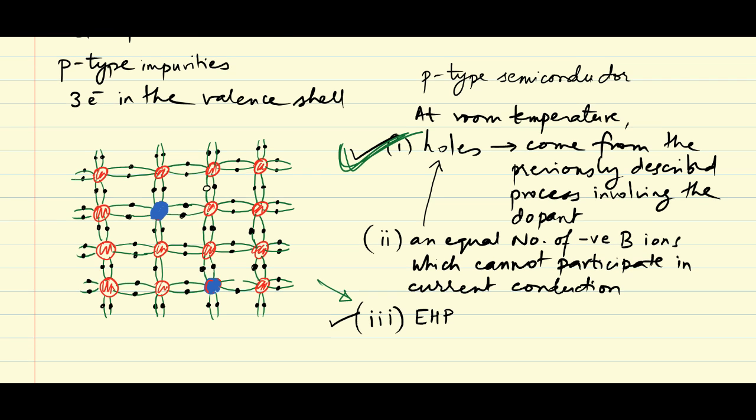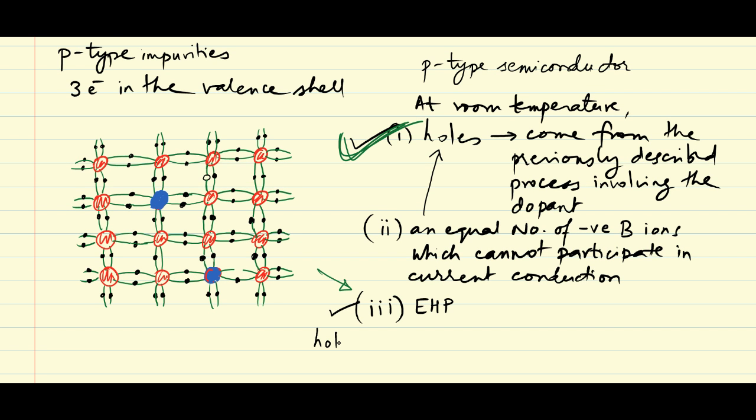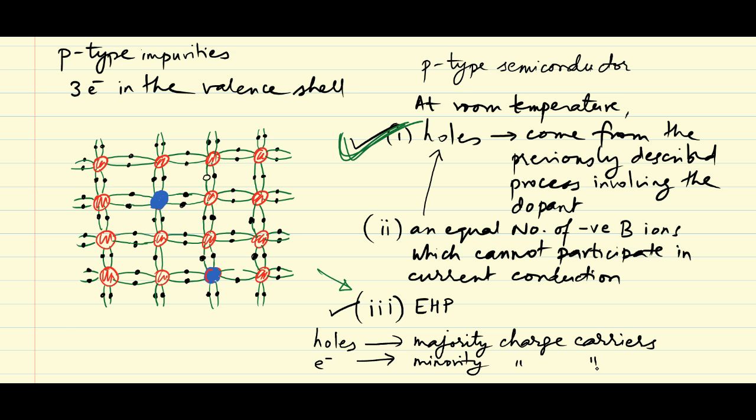And that's the reason why in a p-type semiconductor the holes become the majority charge carriers, while the free electrons become the minority charge carriers. And at room temperature, the conductivity of p-type silicon or a p-type semiconductor is much larger than that of the corresponding intrinsic semiconductor, and the reason, of course, is the large number of these holes.